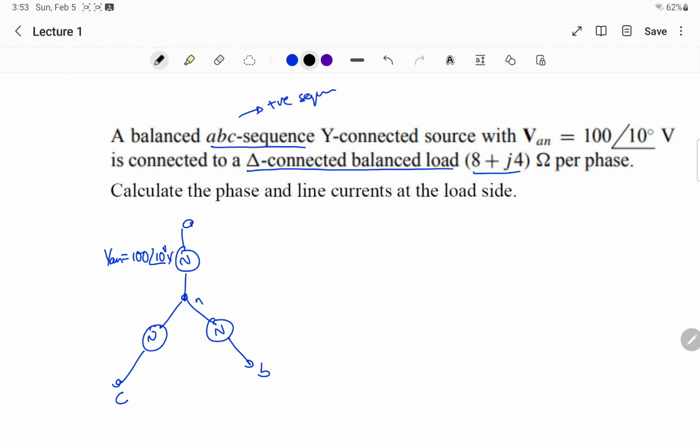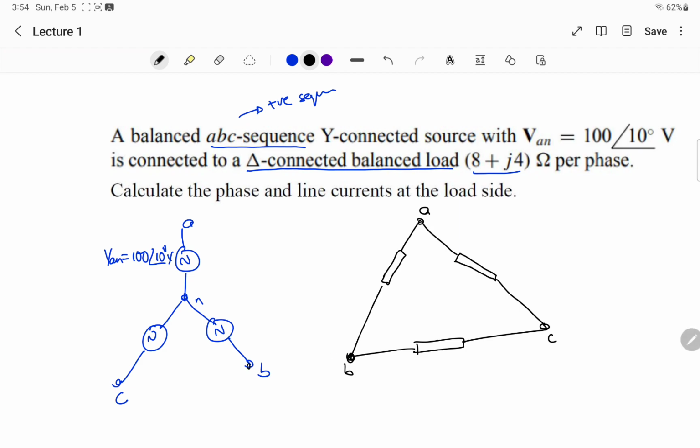And let's look at our delta load. It is saying 8 plus j4. So we know that when it is positive j, it is actually an inductor. But if you don't want to draw that inductor, you can just draw the famous rectangle. And this A, B, C. You'll say, oh sir, here you have drawn B on the right side and here on the left side, but you are talking about phase sequence.